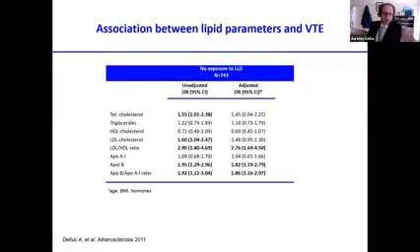These patients with VTE were patients with the first unprovoked VTE. So if you find an association between dyslipidemia and venous thromboembolism, it is tempting to look at lipid-lowering drugs. If you can treat the risk factor, then maybe the event, the disease, will not occur.